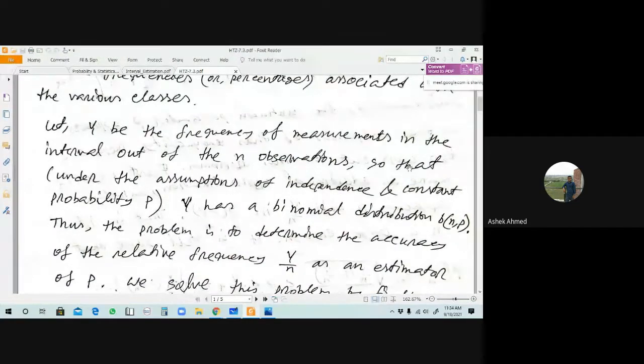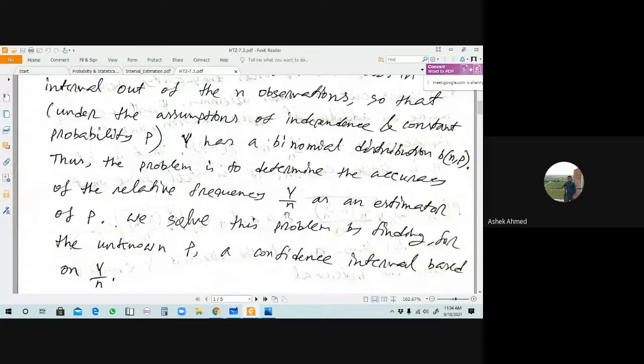In n observations, under the assumptions of independence and constant probability, y has a binomial distribution b of n comma p. Thus the problem is to determine the accuracy of the relative frequency y by n as an estimator of p.